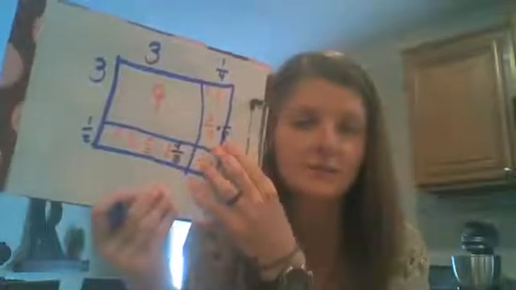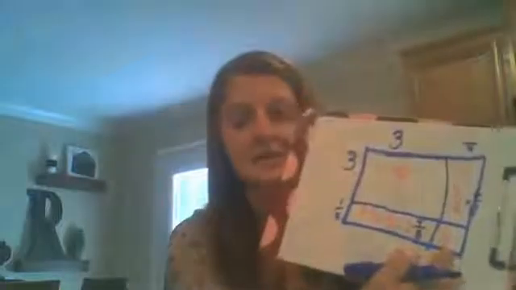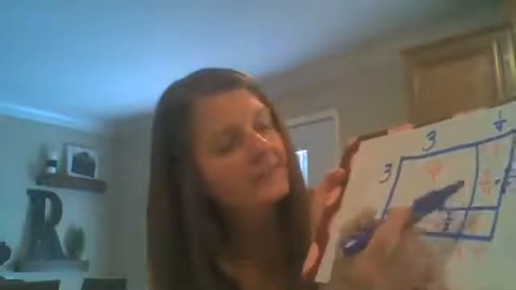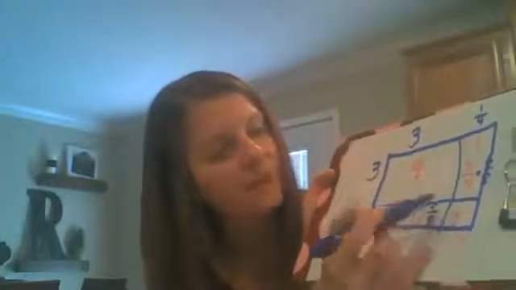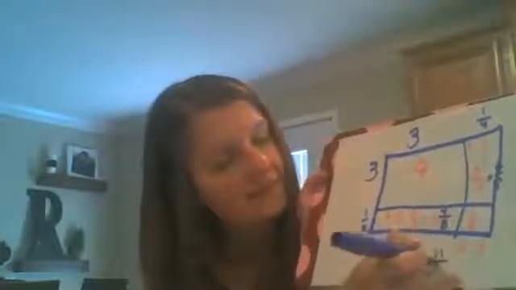So 4 times 2 is 8. 3 times 2 is 6. And then this is already in eighths. So I am putting together 4/8 plus 6/8 plus 1/8. Okay? So 4 plus 6 is 10 plus 1, that's 11/8.